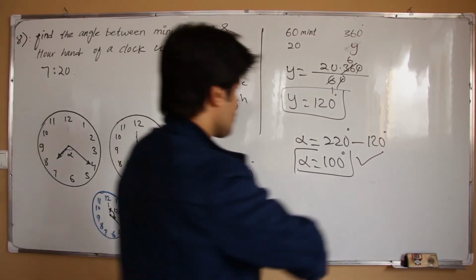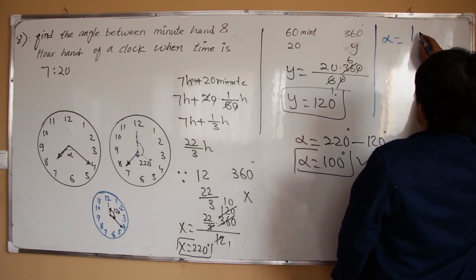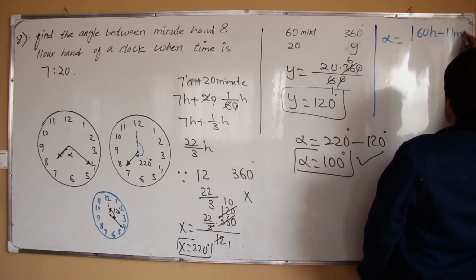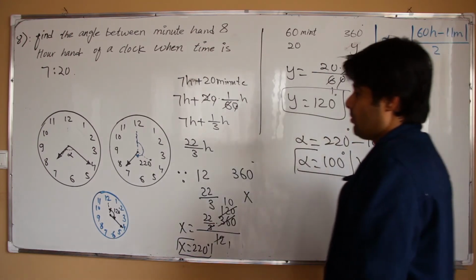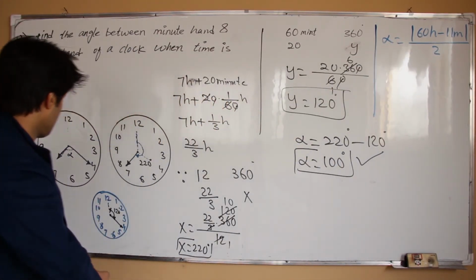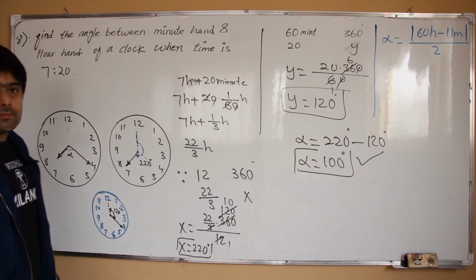By the way, the shortcut is alpha is equal to 60h minus 11m divided by 2. This is the formula by which you can find the value of the angle between the hour hand and minute hand.